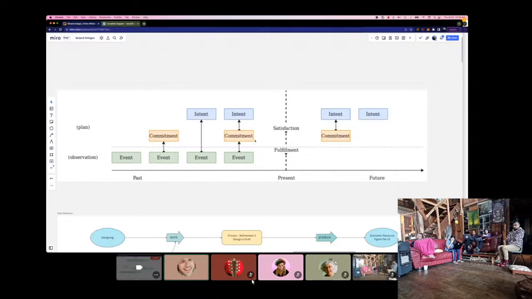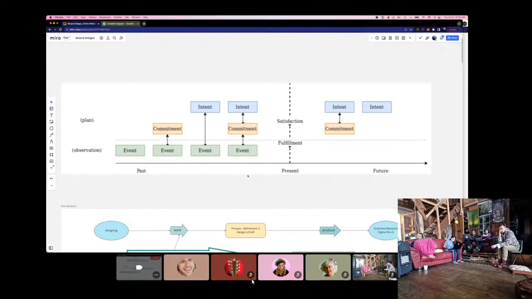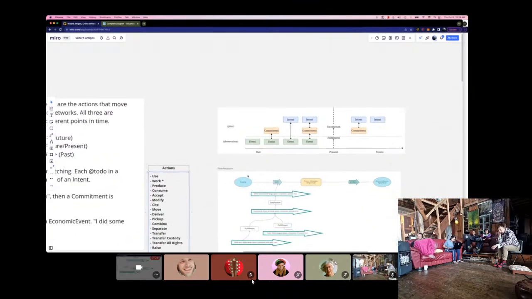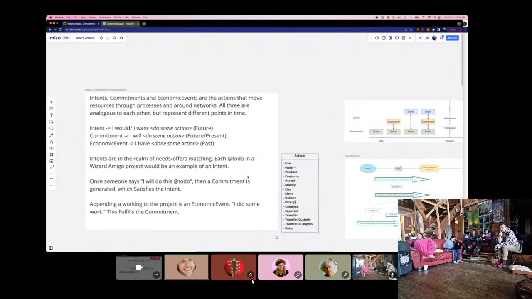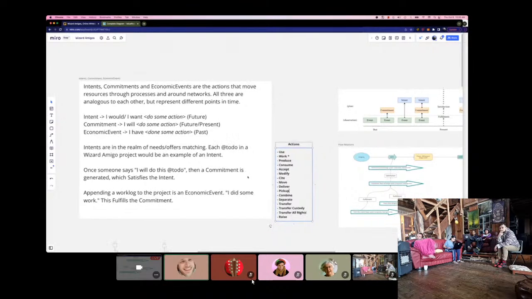If you want more coordination, you might have a to-do list, right? A bunch of commitments, and then people will log their time against that. So you can plug and play with whatever combination of these things makes sense for what you're trying to do. That is a text version of what I just described, so we can move on from that.